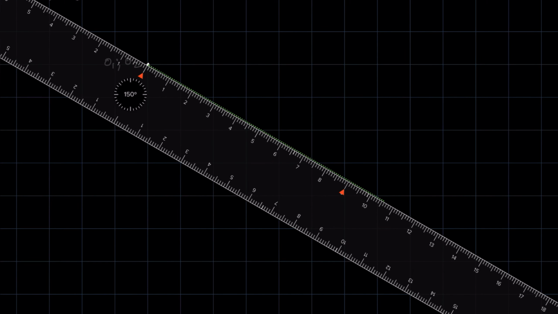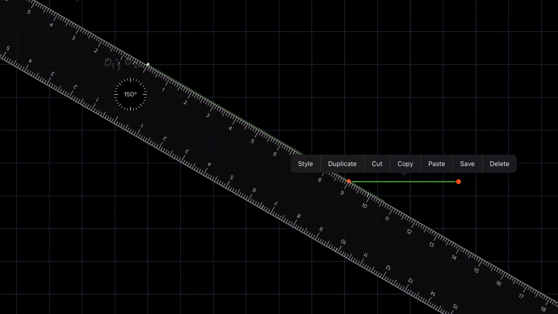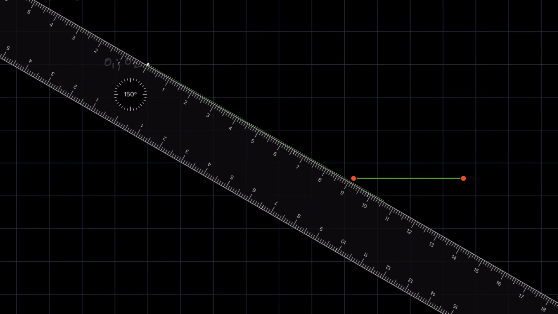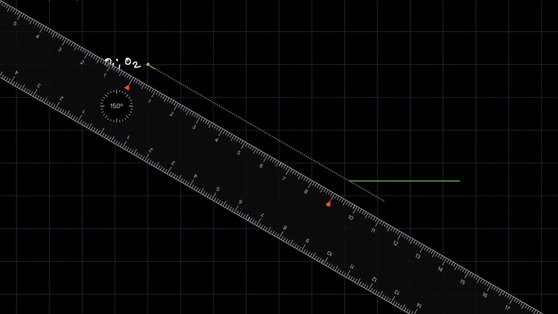You now measure 9 centimeters. Once you've measured 9 centimeters, you then draw a line that is bold. So you bolden the line to 9 centimeters.